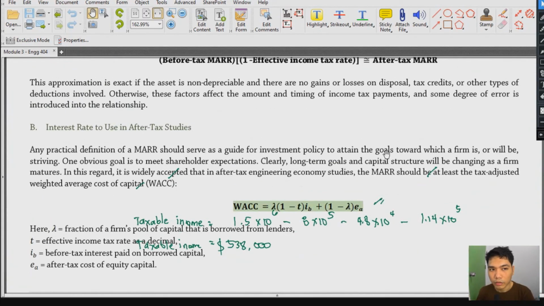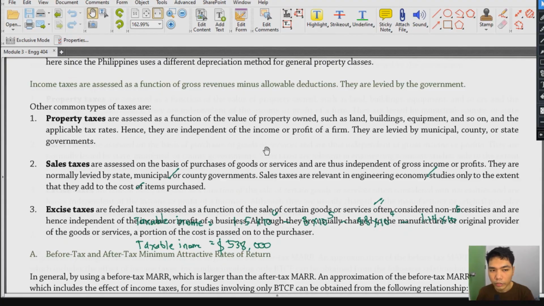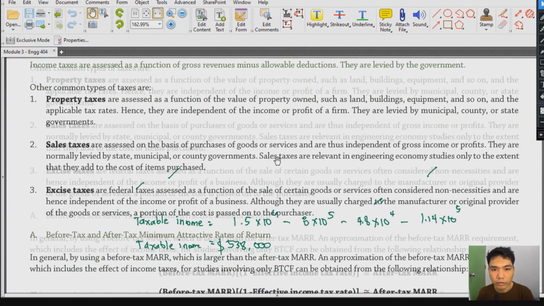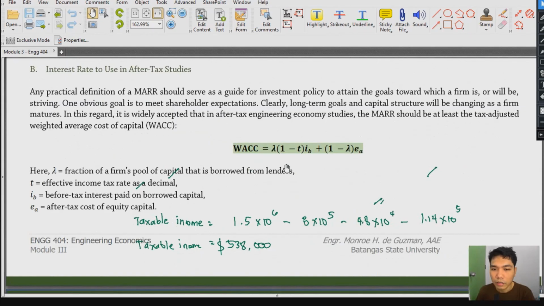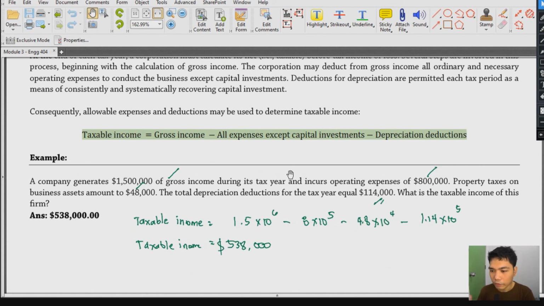Pwede natin gamitin to. We could just use yung ating, saan ba yung ano dito? Ay, wala pala dito nakalagay kung ano yung pinapataw natin na tax. Kasi, hindi ko nga pala nilagay kasi iba nga pala yung atin. Kasi nasa Philippines tayo. So, ayun. So, kung ano man na pwedeng taxes na ipataw natin for our income, usually this is the income tax, diba?